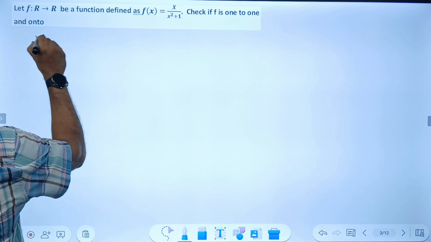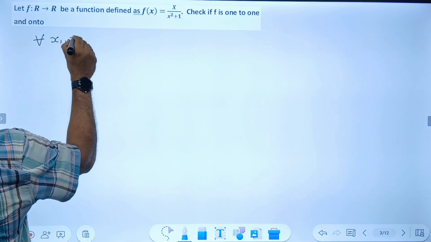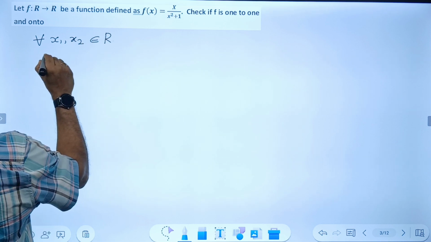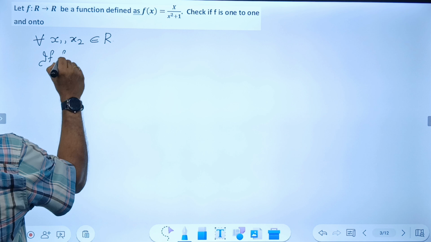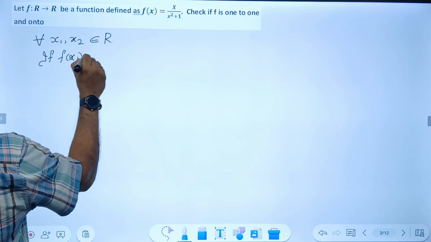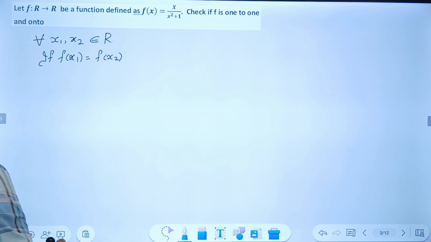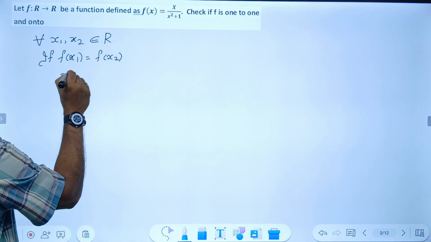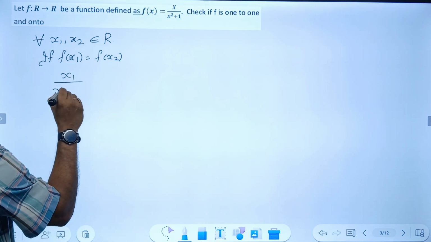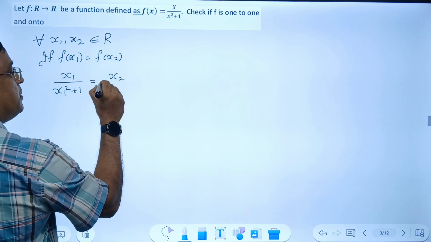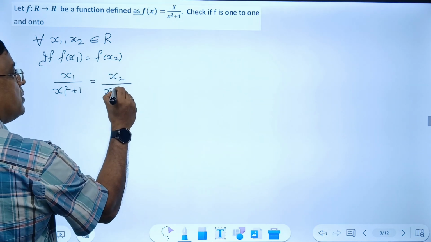For every x1, x2 belonging to R, if f of x1 equals f of x2. Now what is f of x1? f of x1 is nothing but x1 by x1 square plus 1, and f of x2 will be x2 by x2 square plus 1.